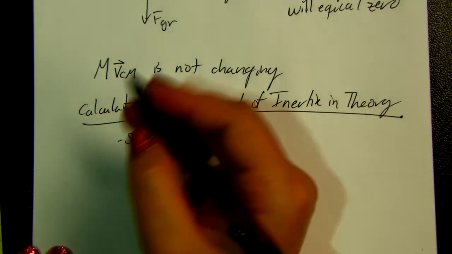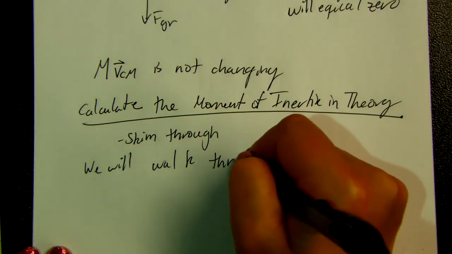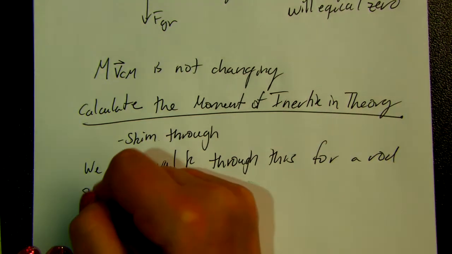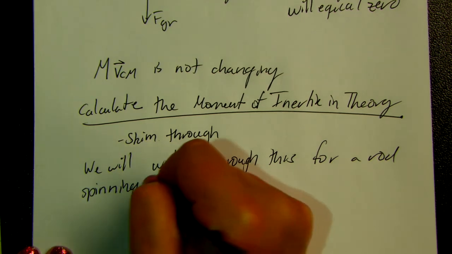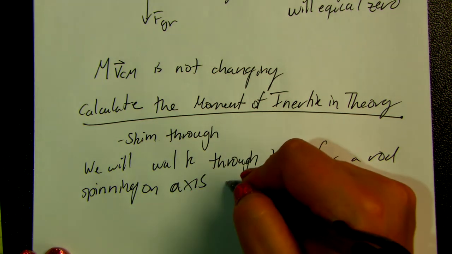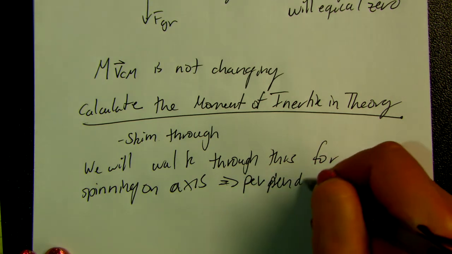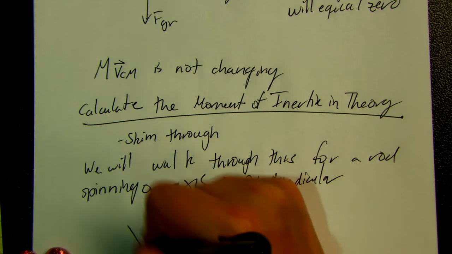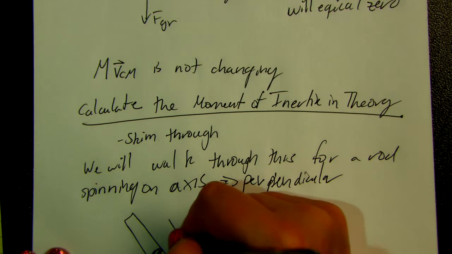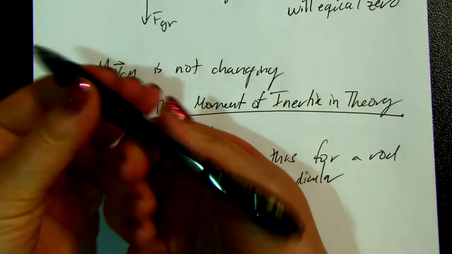Okay, so what we're going to do is walk through this for a rod spinning on an axis that's perpendicular. So basically what I mean, here's a rod, we'll say it's very, very thin, and it's spinning around, so like this.